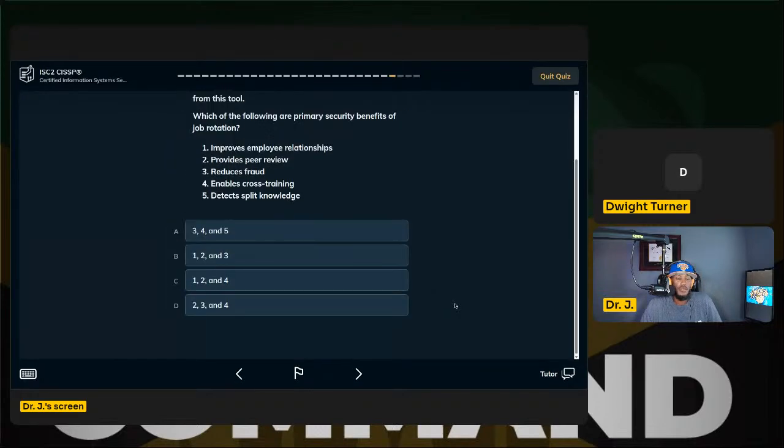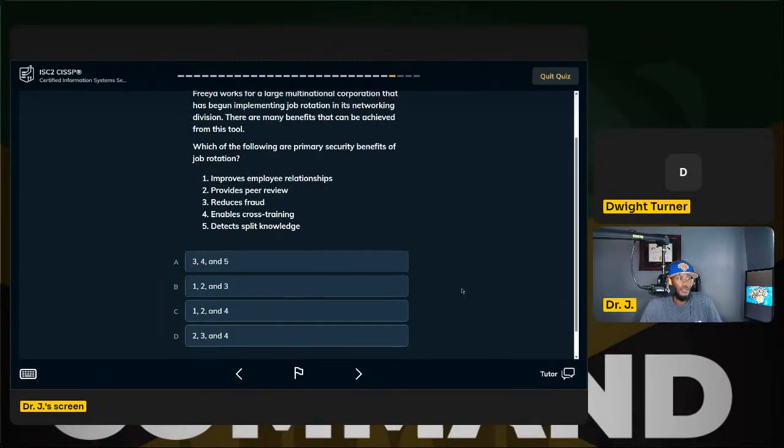Let me go through all these. Three, four, and five: reduces fraud, enables cross training, detects split knowledge. I like three and four, but I don't know about five.